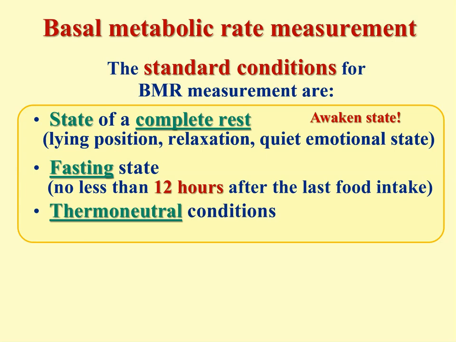And the third condition is thermoneutral conditions. It means that the temperature should be room temperature, comfortable for the person. As for numbers, I can say about 20 degrees plus or minus a little bit, but different sources may give slightly different values by a few degrees Celsius, and it also greatly depends on the clothes of the person.